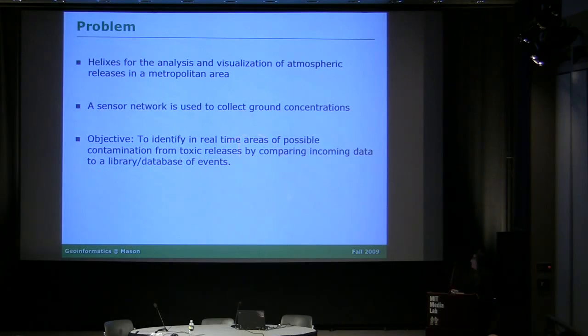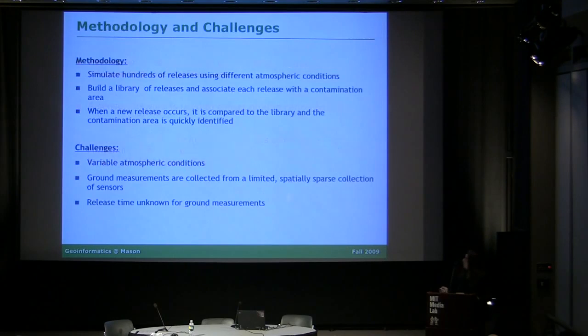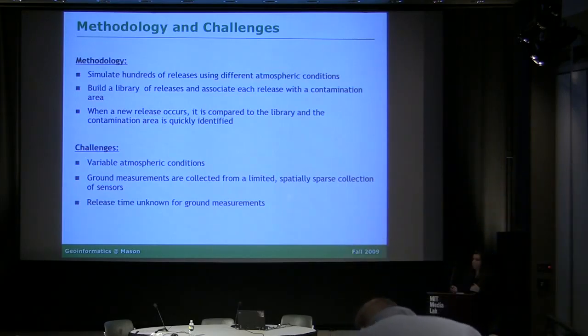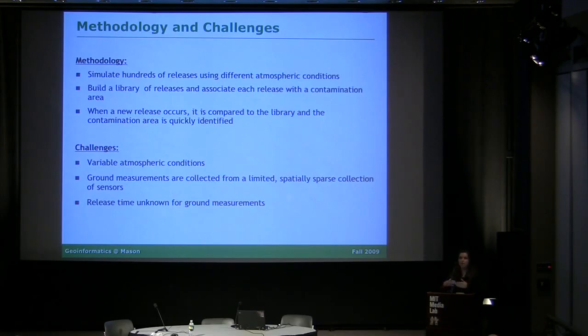When we have indications of toxic releases being picked up by our sensors, to make this happen in real time, we have been using a library of events. The model of how a gas or toxic substance propagates in the atmosphere is not a simple one. There are a lot of parameters that can affect it.